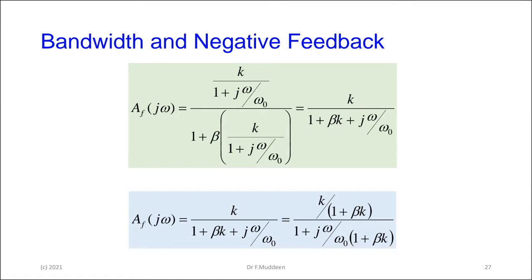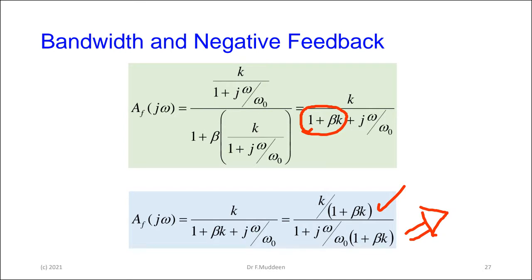And then I proceed to divide by 1 plus beta K. So this now becomes K over 1 plus beta K, and 1 plus jω over ω0 times 1 plus beta K. Notice this.